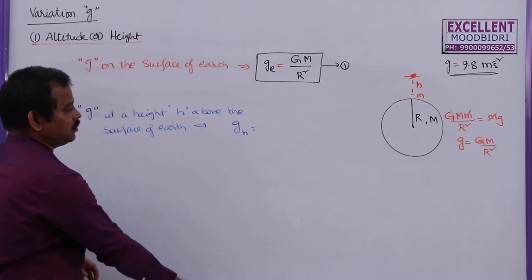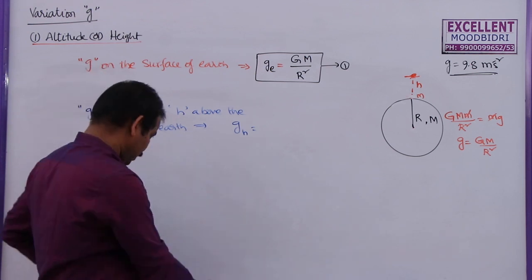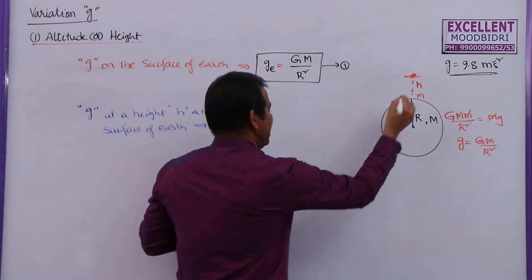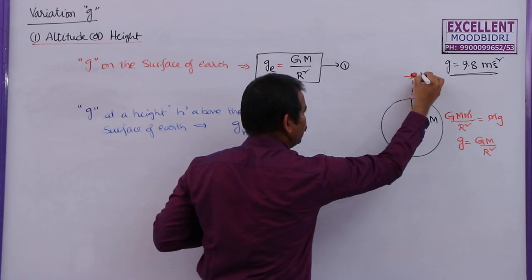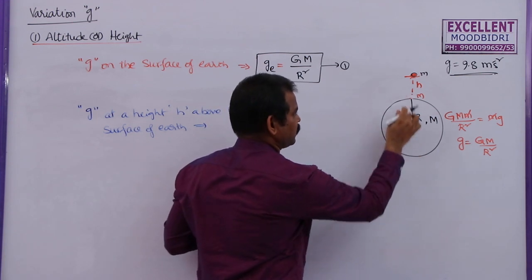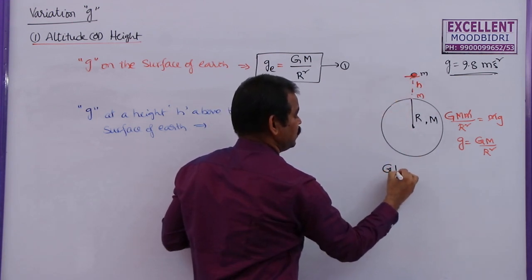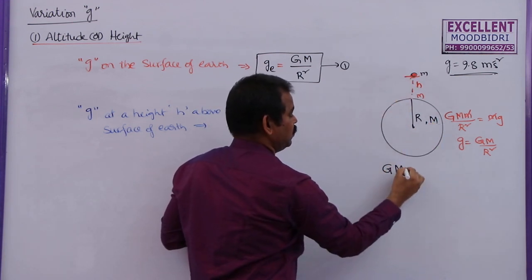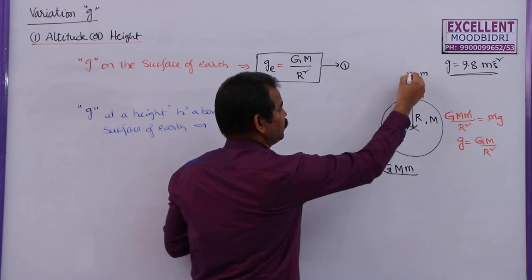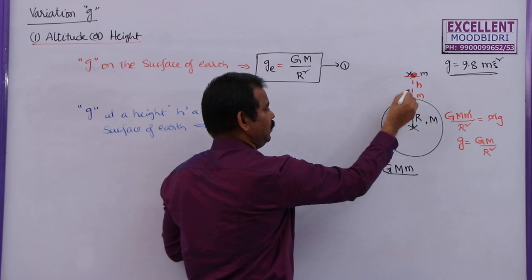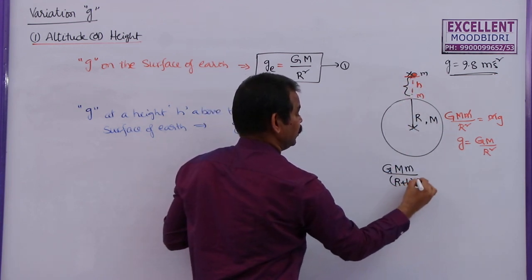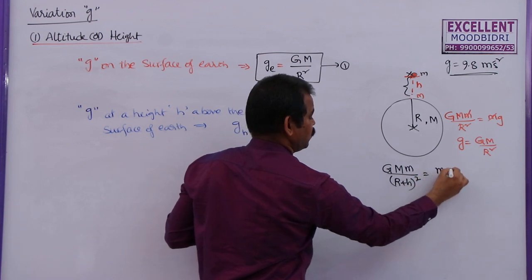Now, if you take the same expression, this is the center of earth and this is a body of mass m. The force of attraction between these two bodies is given by capital G, capital M is the mass of earth, small m is the mass of this body. What is the distance of separation between these two? From here to here R, from here to here h. R plus h whole square, and this is equal to m gh.